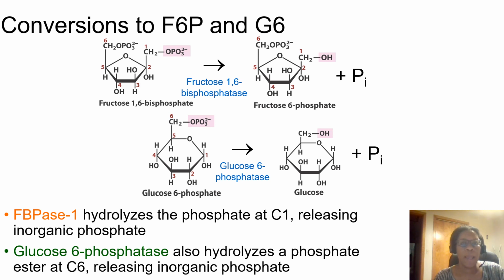And then the last step in gluconeogenesis to create glucose goes from glucose 6-phosphate, utilizing glucose 6-phosphatase, and hydrolyzes the phosphate at the C6 position to produce glucose and inorganic phosphate.